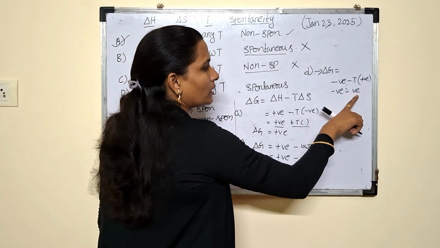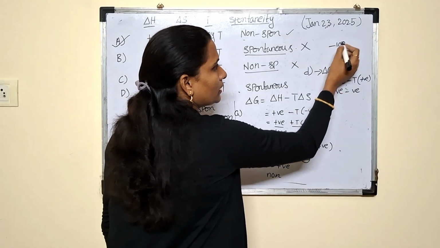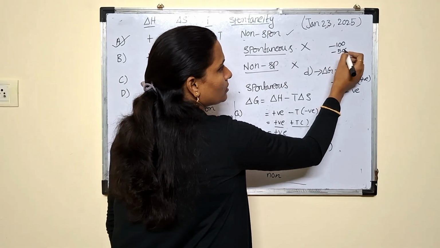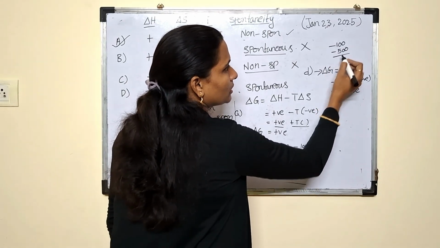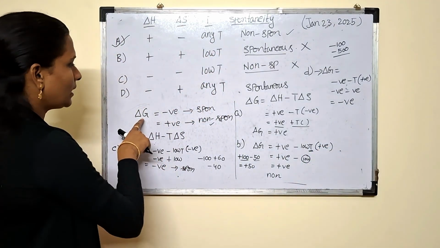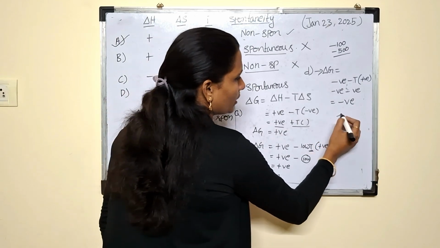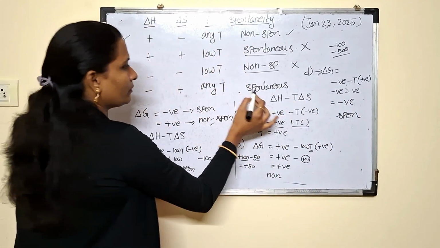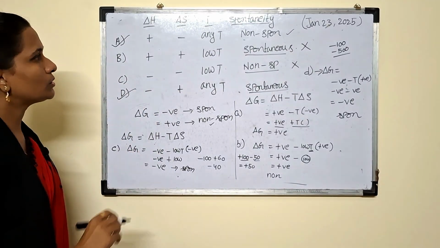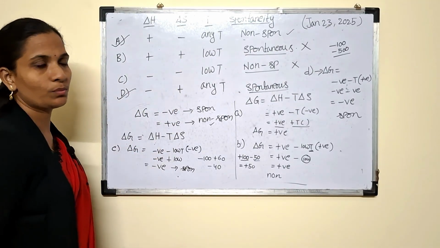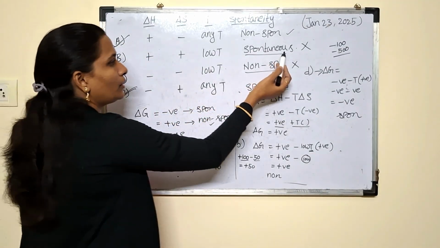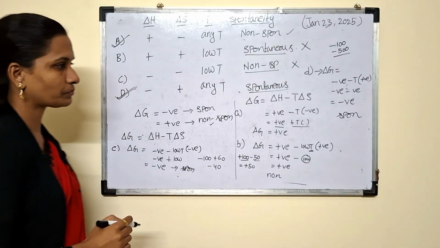For example, delta H is minus 100 and T delta S term is minus 500, so the total is minus 600. So delta G is negative, then it is spontaneous. They also gave spontaneous, so option D is also a correct statement. So from the given information, A and D are correct statements, and B and C are the incorrect statements. Thank you.